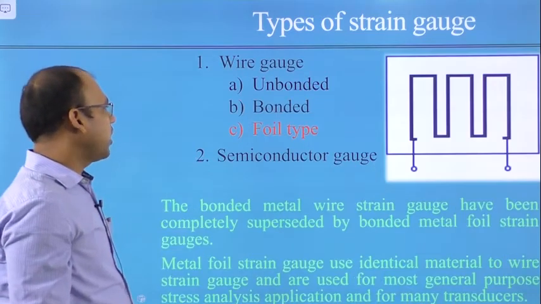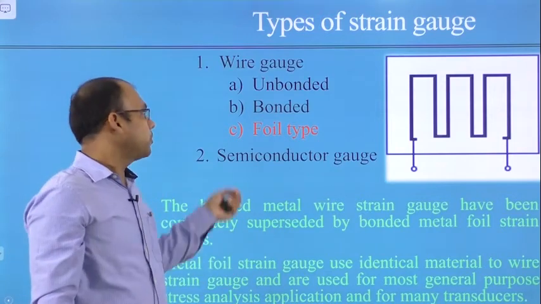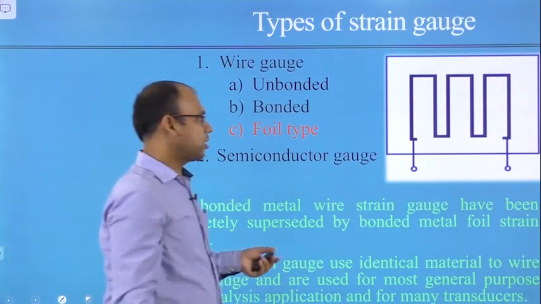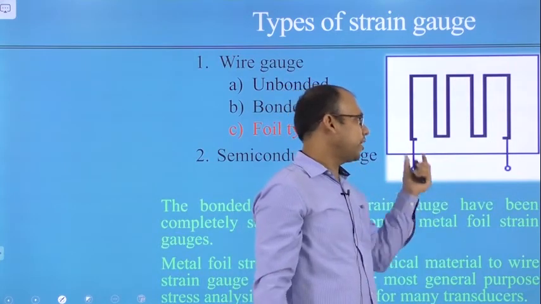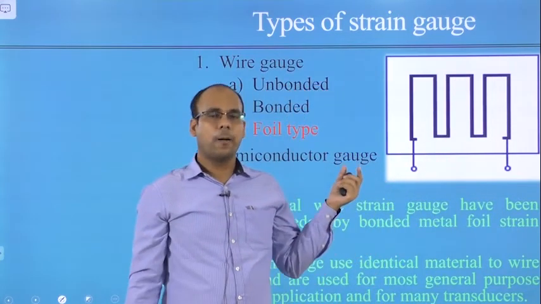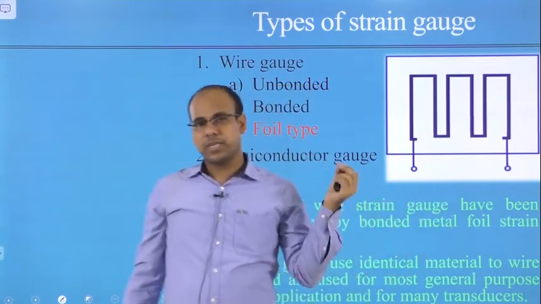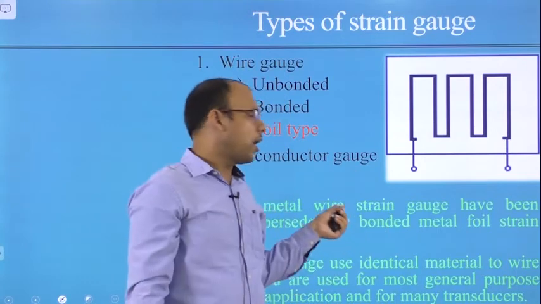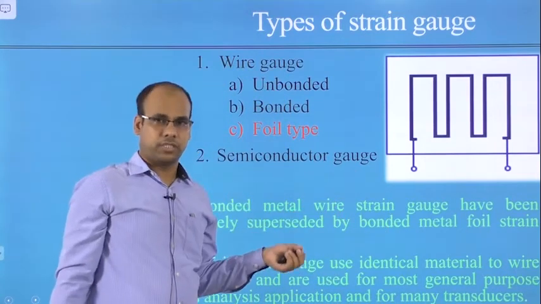Now we have the foil type. The foil type is very similar to the bonded strain gauge, where they have put a wire like that, but here in the same wire they are putting some foil. Because of the foil, it can measure high stress and high strain.